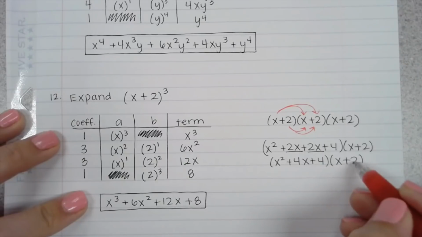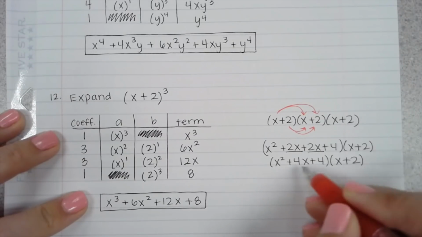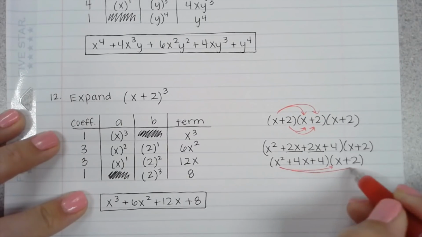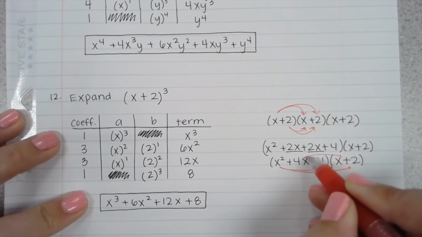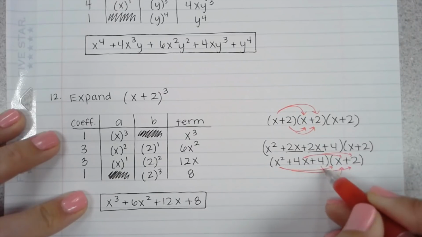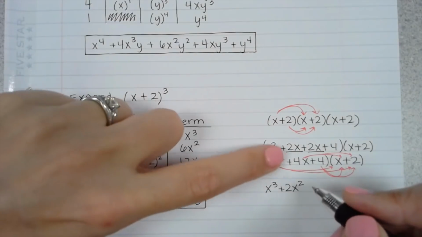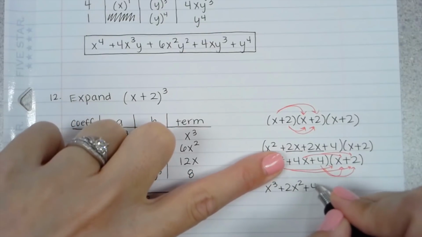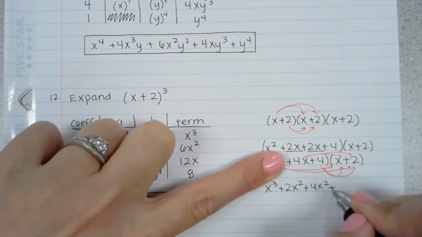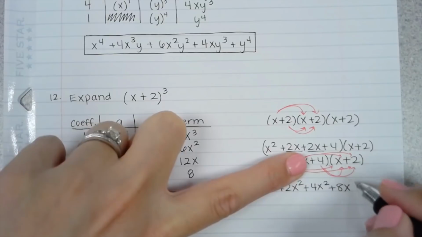So this one would go here and here, this one would go here and here, and this one would go here and here. So that would give me x to the third plus 2x squared, and then I'd be done with this one. And then it would give me plus 4x squared plus 8x, and then I'd be done with this one.